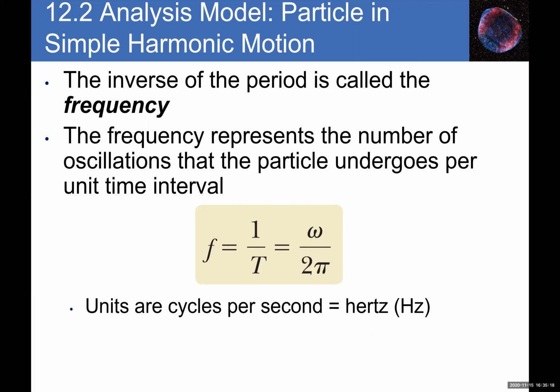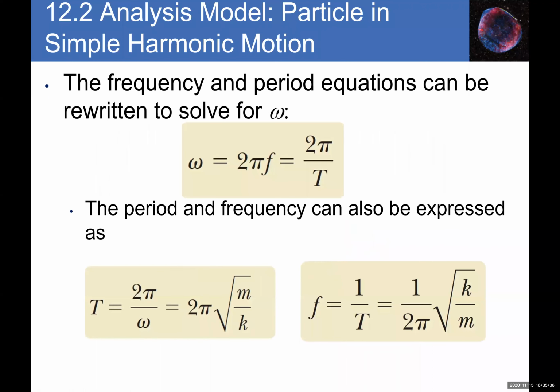So f equals 1 over the period, and it also equals omega over 2 pi. So units are 1 per second, but we define that to be hertz. Hertz is the unit for the linear frequency. Units for the angular frequency, again, are radians per second. So we combine all of those things together. So omega equals 2 pi f equals 2 pi over the period, since f equals 1 over the period.